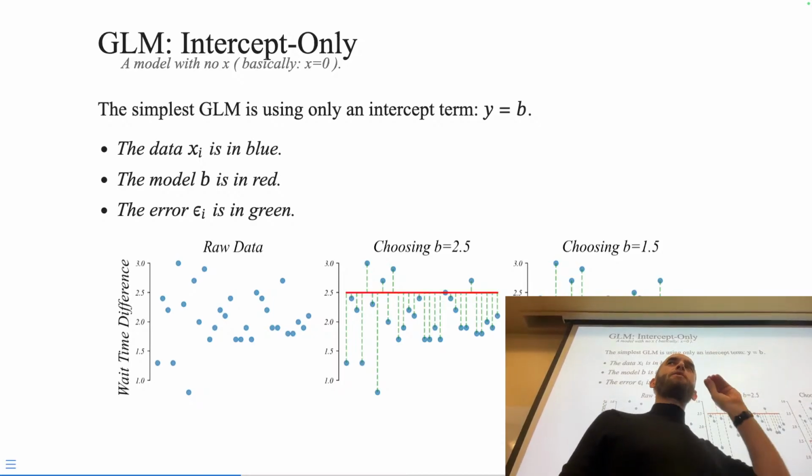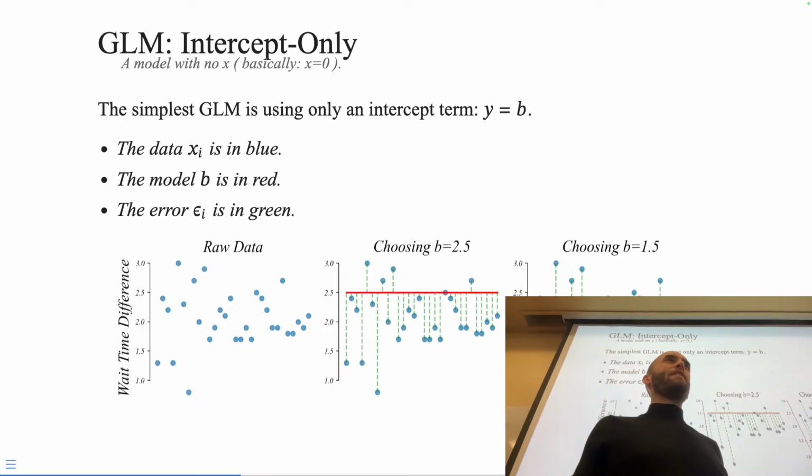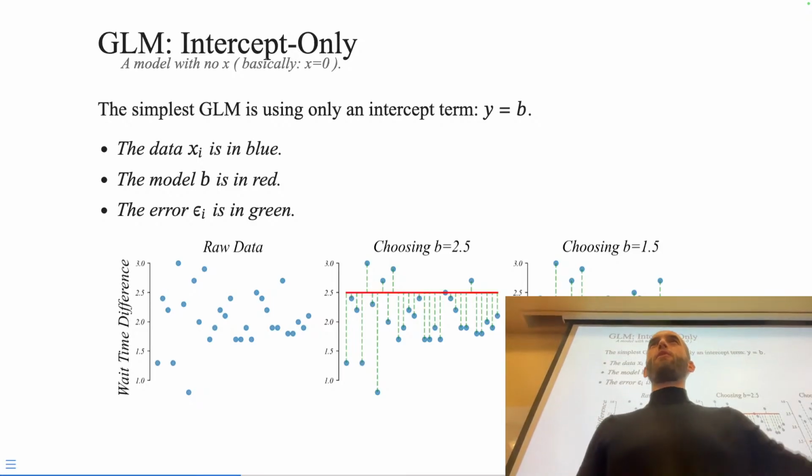There's an actual mathematical concept that minimizes the mean squared error. Anyone know what that is? Sabi is generally right here, so unfortunately no lecture points.